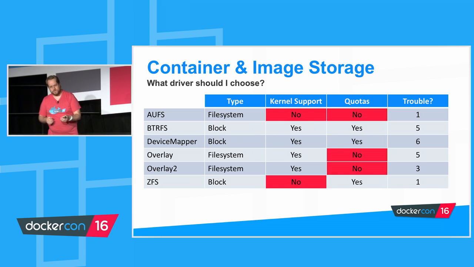Whereas the block ones, you have to pre-configure, pre-set up. You have to format it with Btrfs if you're using Btrfs, tell Docker about the block devices and do all kinds of setup. And they have a fixed size. Now, certainly the file system ones have a fixed size, but that fixed size is the size of your root partition or whatever partition you're running Docker on.